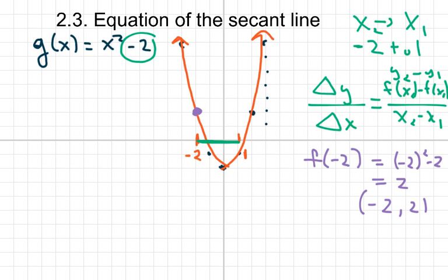Now we also have to evaluate f of 1 because we want to see what's happening there. So f of 1 is going to be 1 squared minus 2 equals negative 1. So when x is 1, y is negative 1. So we have our 2 points, point 1 and point 2. Or you can call them point 2 and point 1, I don't care.